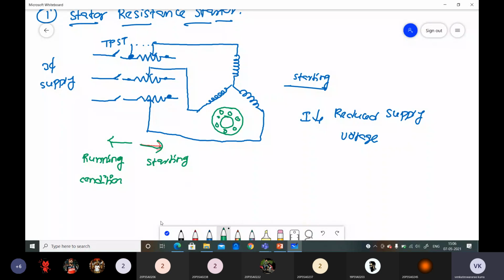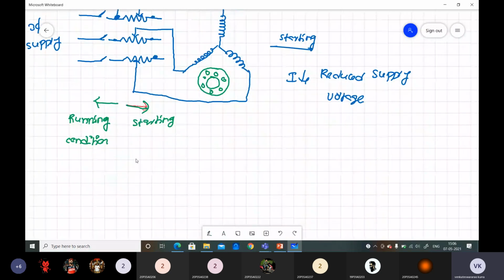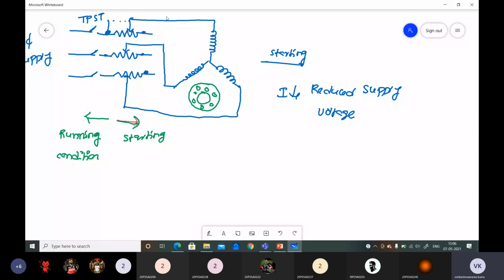So in this method, reduced voltage is applied by changing the variable points at starting condition.